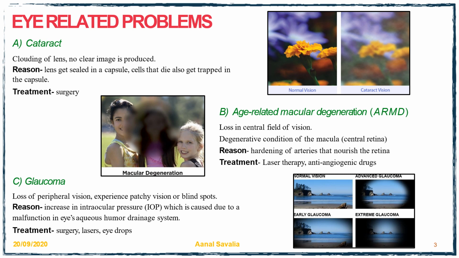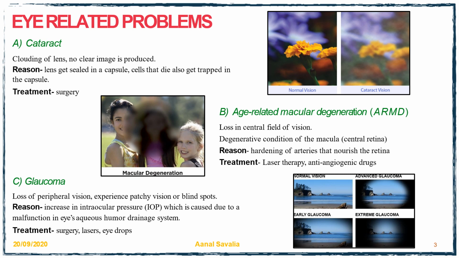Whereas wet ARMD is when new abnormal blood vessels grow under the retina, causing a scar to develop on the retina. The next disorder that I am going to be talking about is glaucoma. So our eyes produce a clear fluid called aqueous humor that fills the space between the cornea and the iris. This fluid filters out through a complex drainage system. It is the balance between the production and drainage of this fluid that determines the eye's intraocular pressure or IOP.